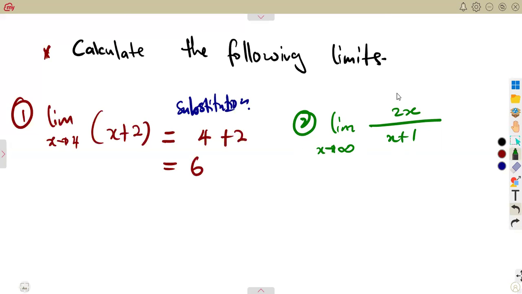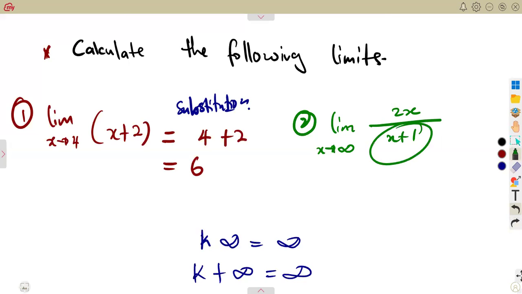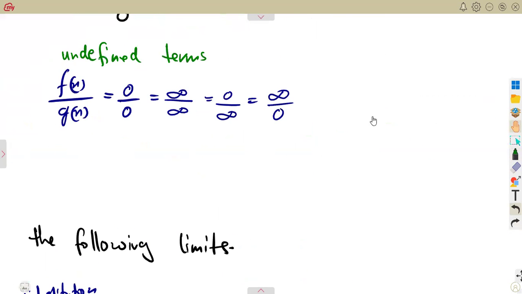If we substitute the value of x, guys, a product of a constant and an infinite is going to approximate to an infinite. A constant plus infinite will be an infinite again. So you're 2 times infinity, so it's going to be infinity over infinity, which is part of this undefined.